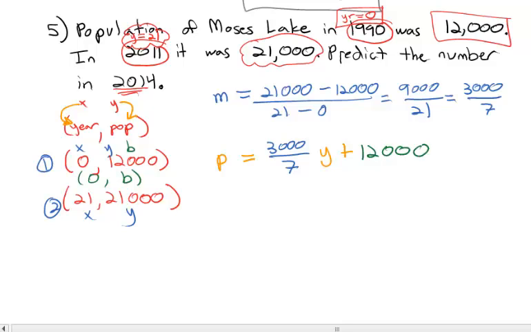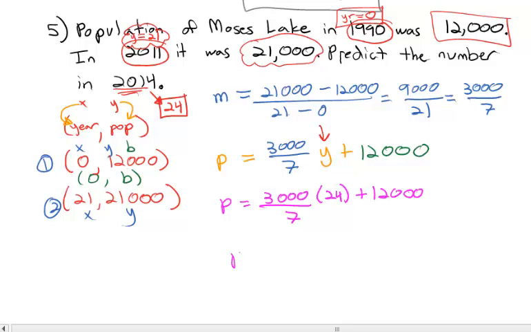And we're going to use this to make a prediction about the year 2014. Remember, we have to figure out how many years after 1990 that was. That's 24 years after 1990. So we're going to plug 24 into the y. So population is equal to 3,000 over 7 times 24 plus 12,000. And that's going to tell us what the population equals.